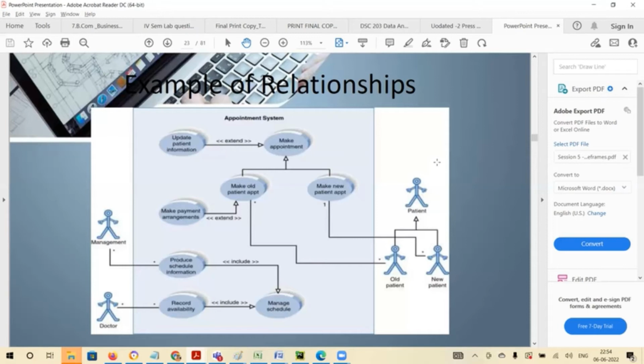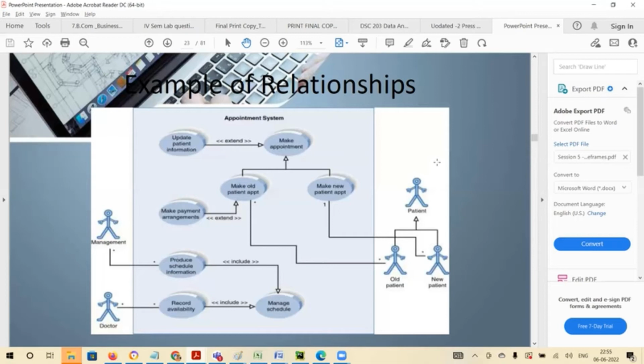And then make payment arrangement. If the patient is old, it goes to make payment arrangements, because he already visited before, like he already did an appointment before this appointment.